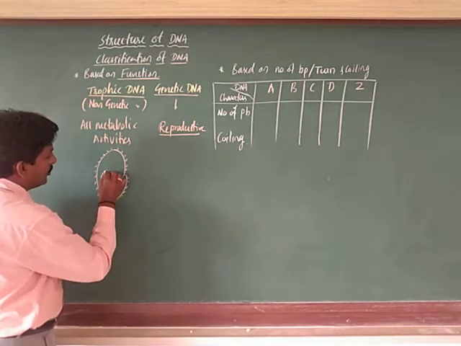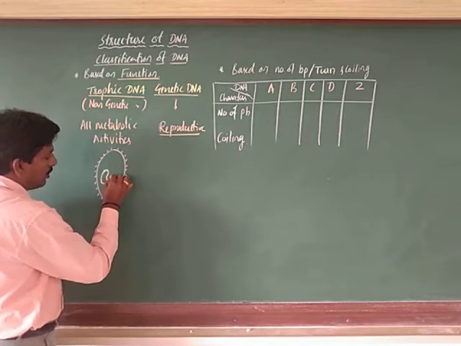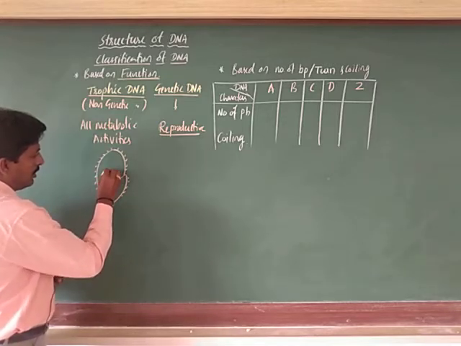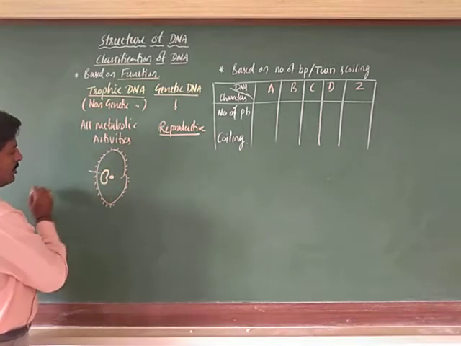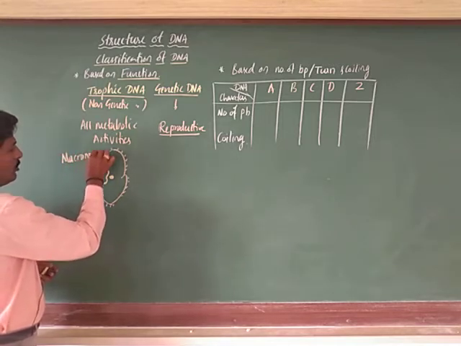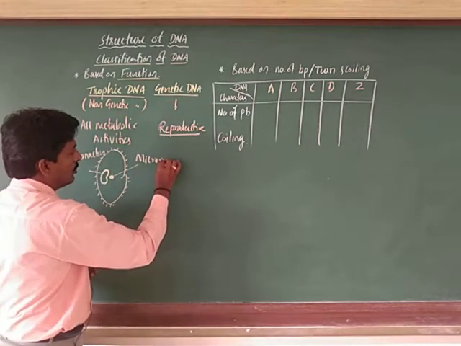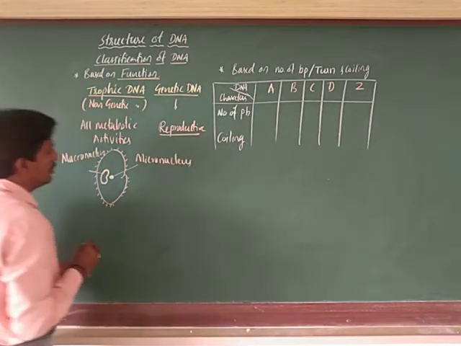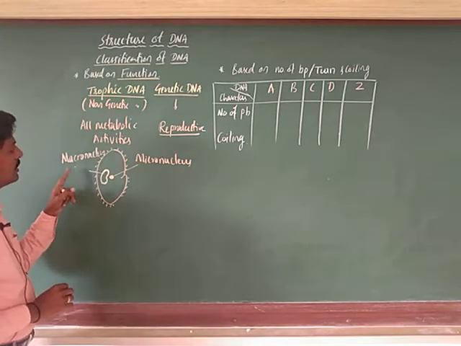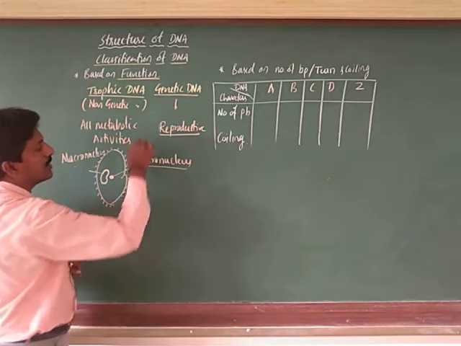One is called the macronucleus, which is somewhat large, and the other is the small nucleus, called the micronucleus. The macronucleus contains trophic DNA, and the micronucleus contains genetic DNA.